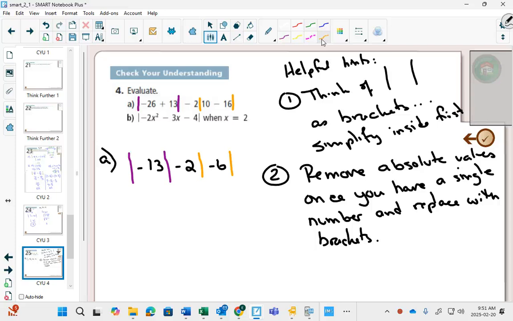Helpful hint number 2: we're going to remove the absolute values once you have a single number. I have a single number inside of that, -13. I'm going to change those absolute values to just regular brackets. And what is the absolute value of -13? +13, right? Because an absolute value changes a number to positive.